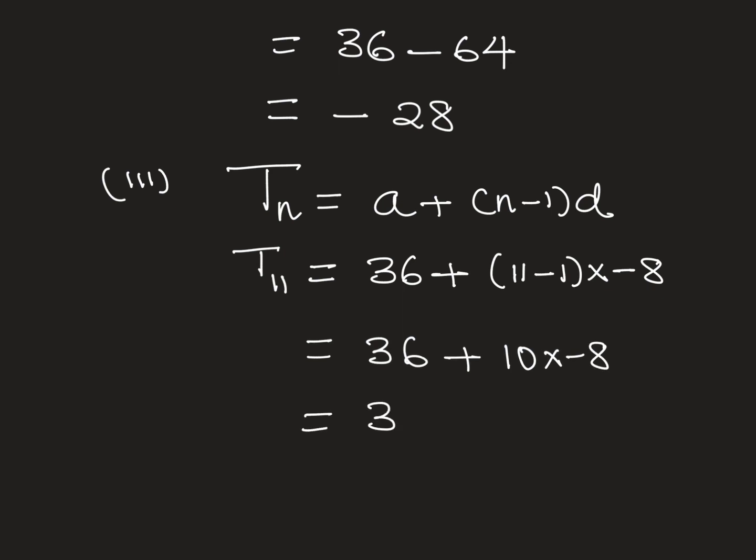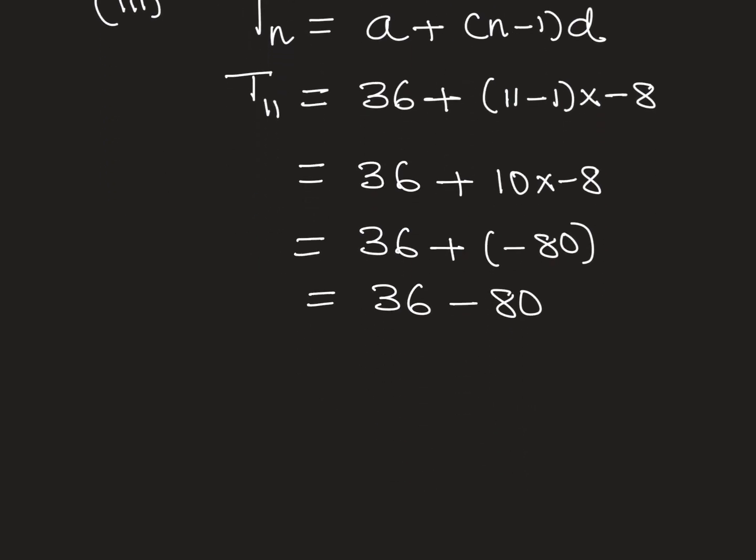So that is 36 plus 10 times minus 8, which is minus 80. So 36 minus 80 is minus 44. That is the 11th term of this sequence.